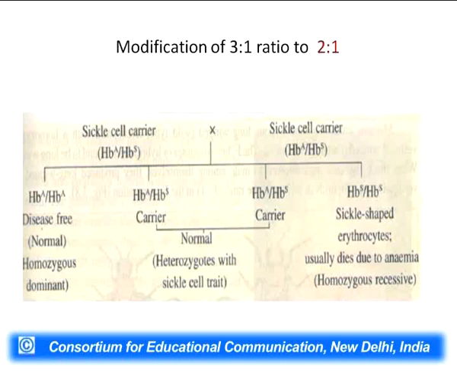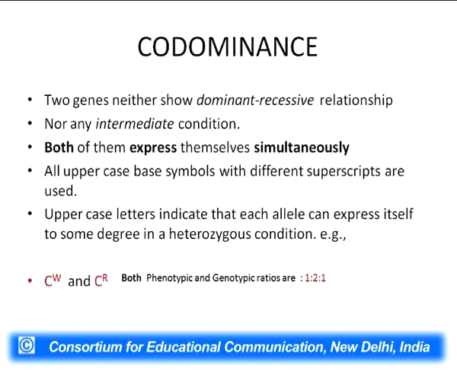Now, in this case there would be sickle shaped erythrocytes and there would be severe anemia, and since this is a homozygous recessive case, later we would also see that this is an example of pleiotropy also. So, this is how we would appreciate that the normal Mendelian expected ratio of 3:1 now gets modified to 2:1, because one of the possibilities is now fatal.